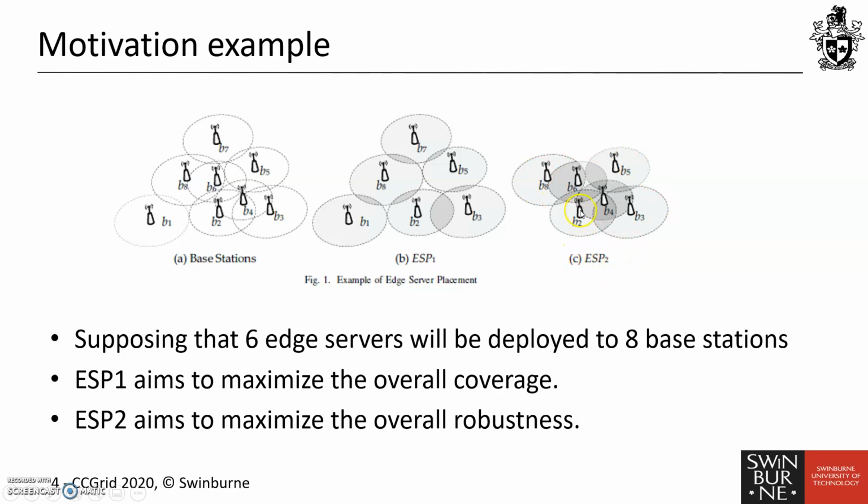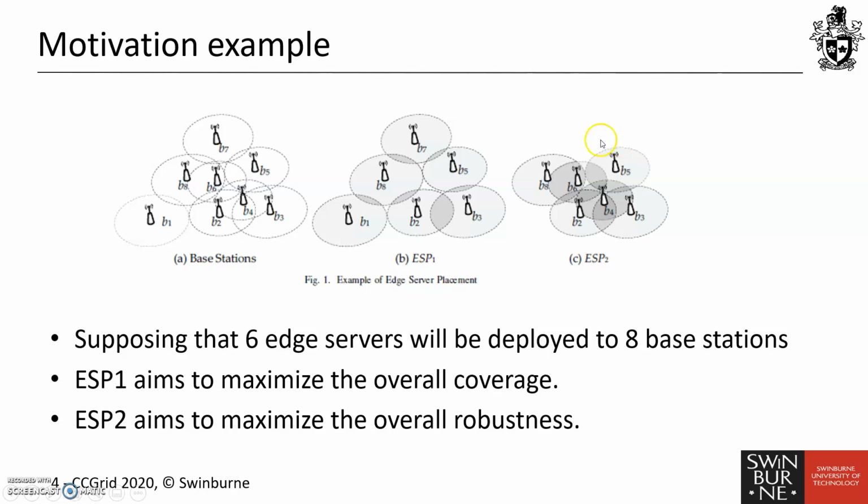In Figure C, if we place the edge servers on these base stations, we will see the intersected area in this figure is much larger than this part. So if one of the edge servers fails to serve its users, the users located in this intersected area can be taken over by other edge servers.